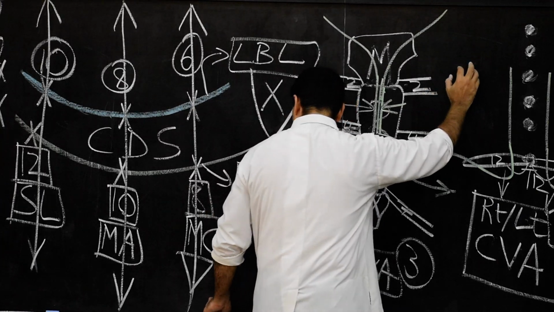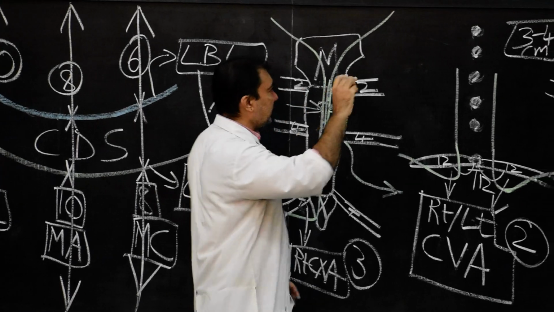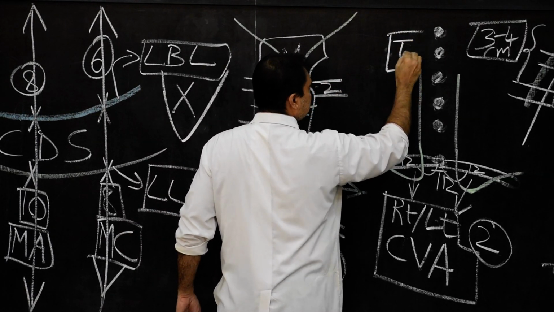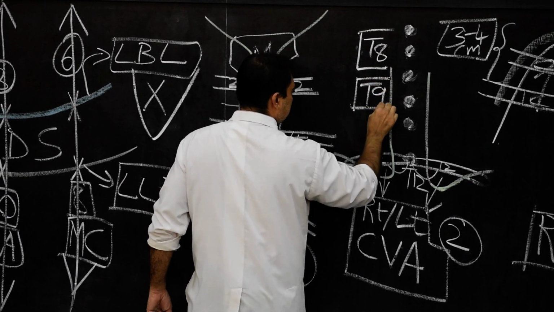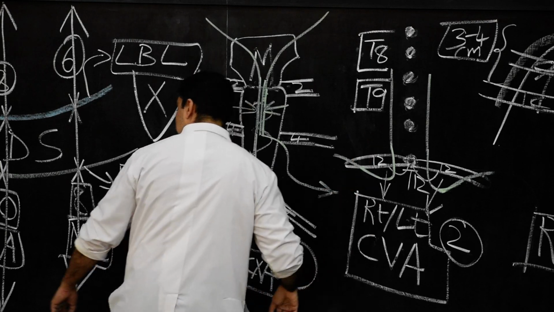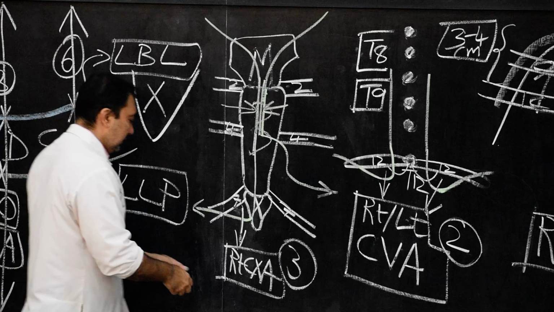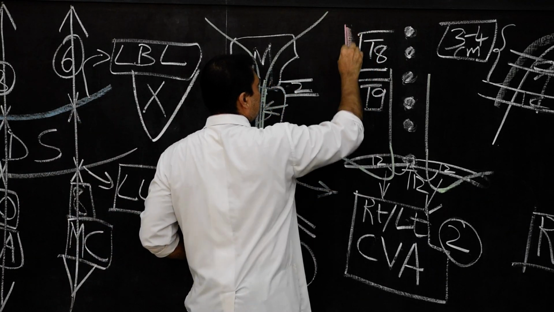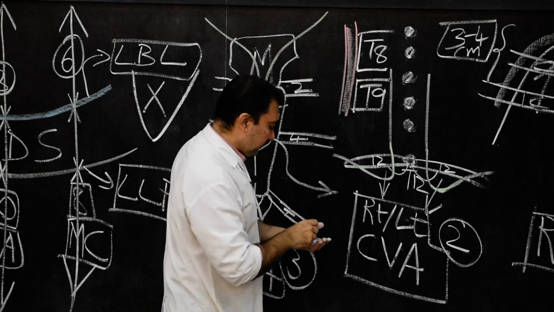The second place will be here only. I will utilize this much space only. Here, if I draw at the level of T8 and T9, a very simple line diagram, cross section, this is T8, and over here T9. In front, I show the aorta. Now this is the aorta in front of the T8 and T9 thoracic vertebrae.